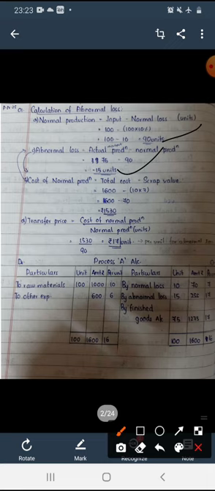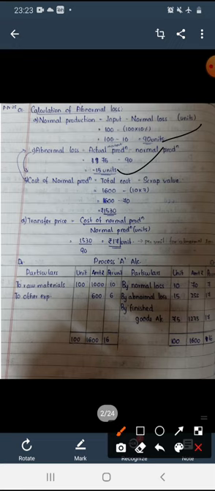Next is the cost of normal production: total cost minus scrap value. Total cost is 1600, which is 1000 rupees for the materials and 600 for the other expenses.